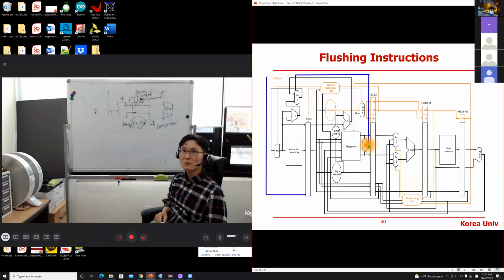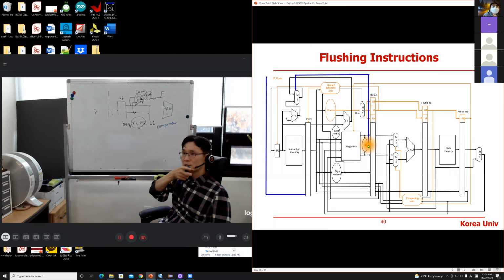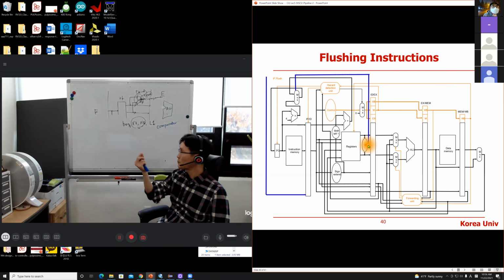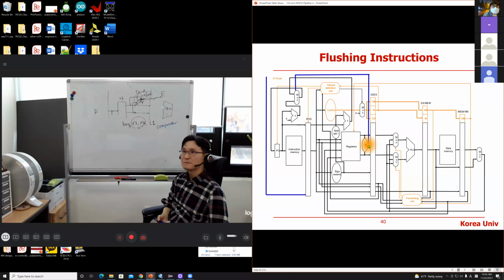How to design a comparator? Any idea? Compare two registers.